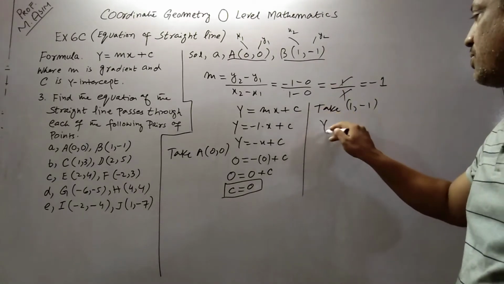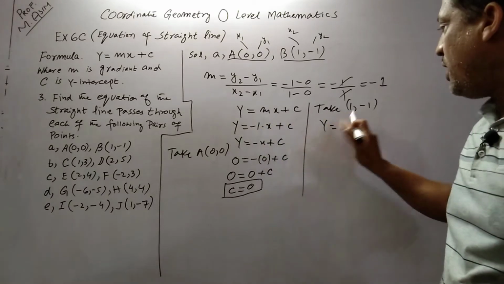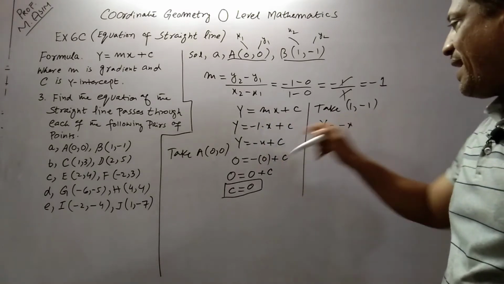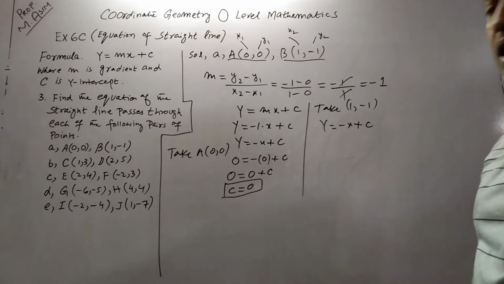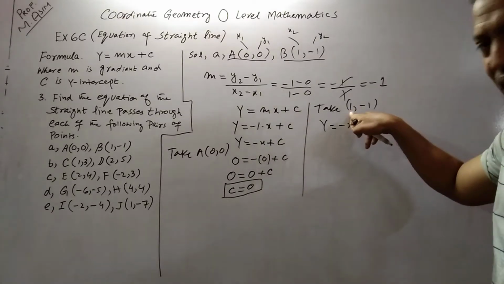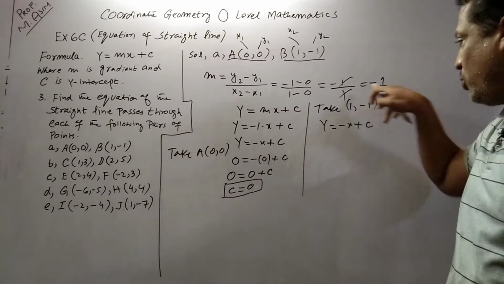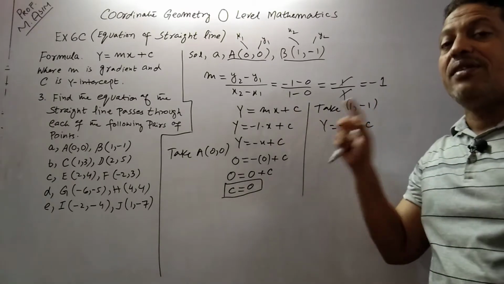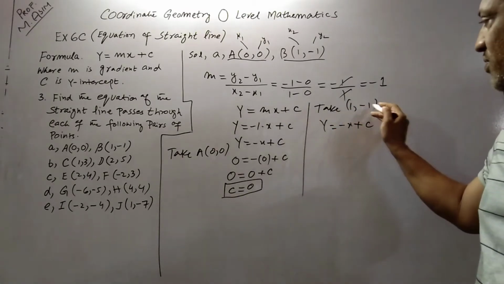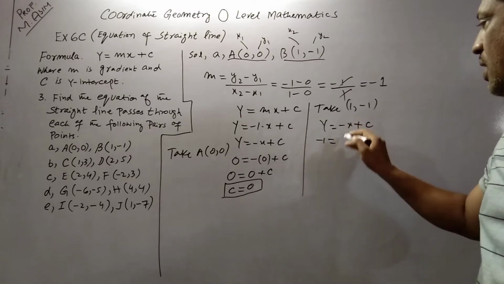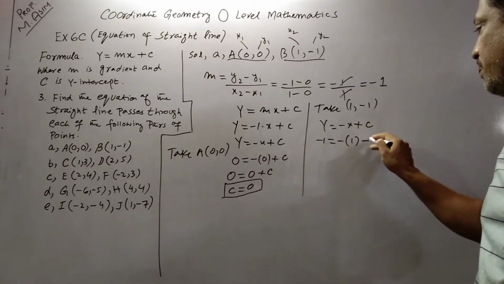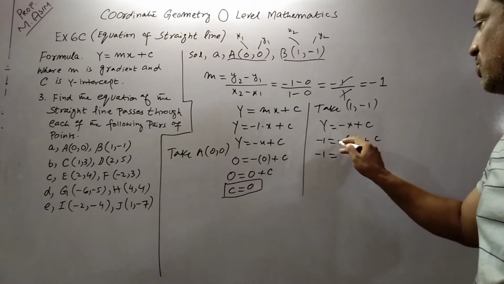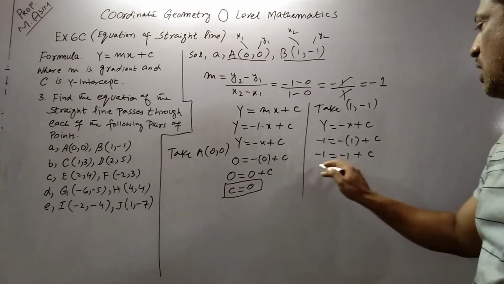So y is equal to minus 1 into x plus c. We put 1 where we see x and minus 1 where we see y. So y is minus 1, minus x is 1, plus c. Minus 1 is equal to minus 1 into 1, minus 1 plus c.